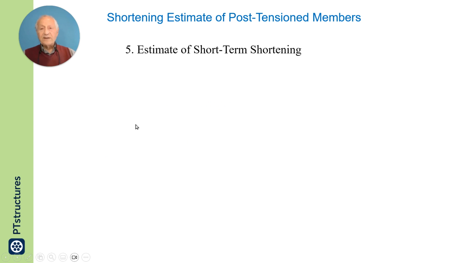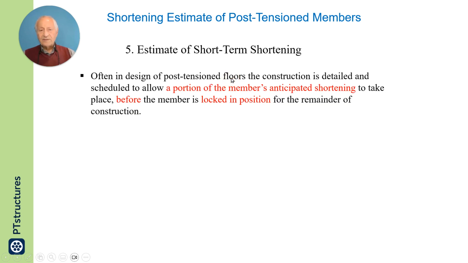Now, this is the total, but if you want to have the detail developed such that it will allow a certain amount of shortening before the members lock together, you need to know a short-term amount of the shortening.